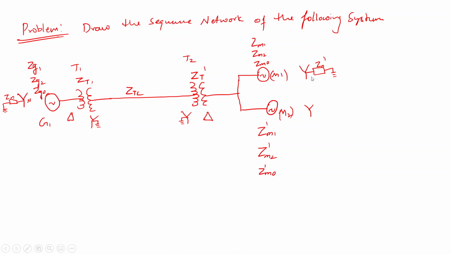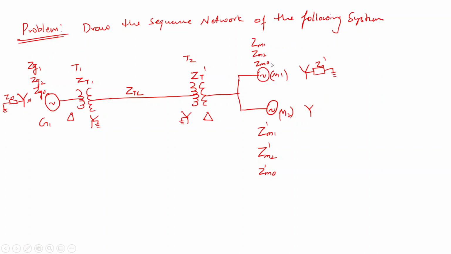Motor 1 is again star connected, connected to a current limiting device and to the ground, so the neutral is connected to the ground. We also need to take this into account while drawing the sequence networks for the different elements, positive, negative, and zero.